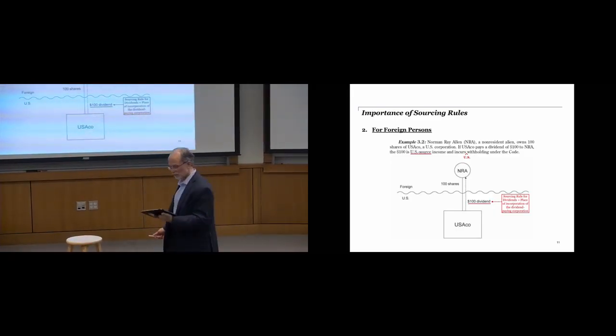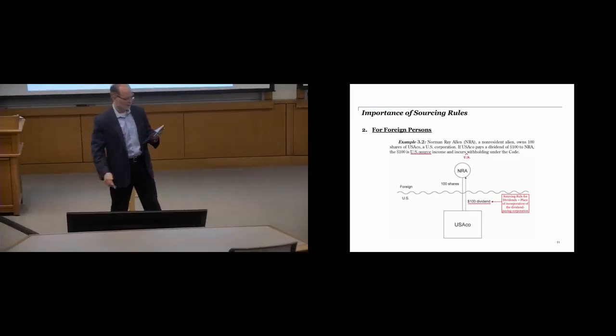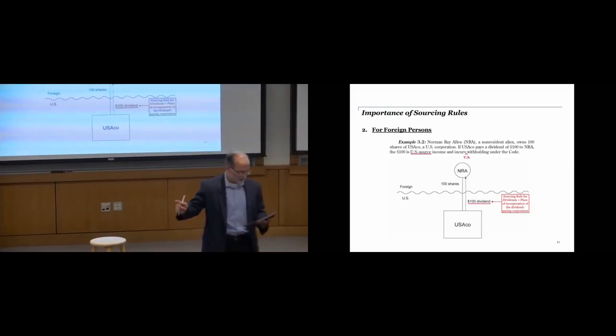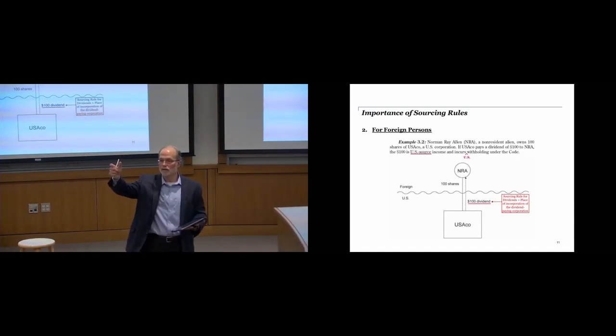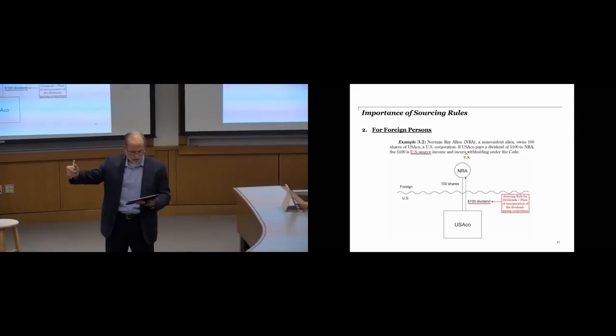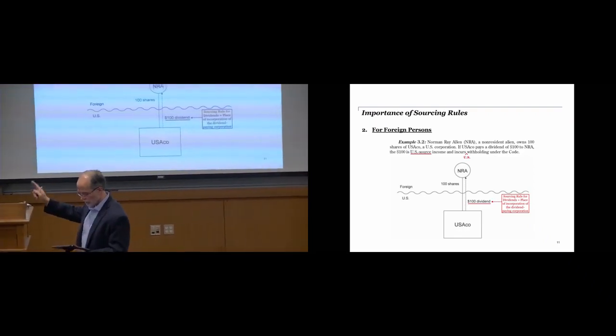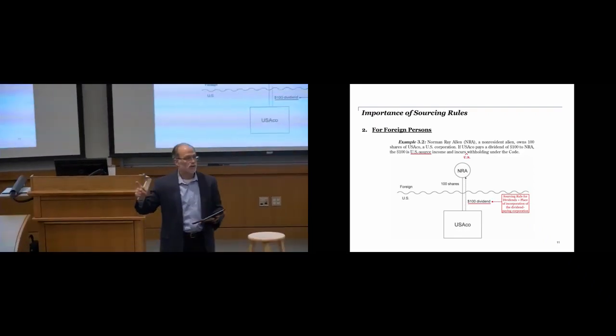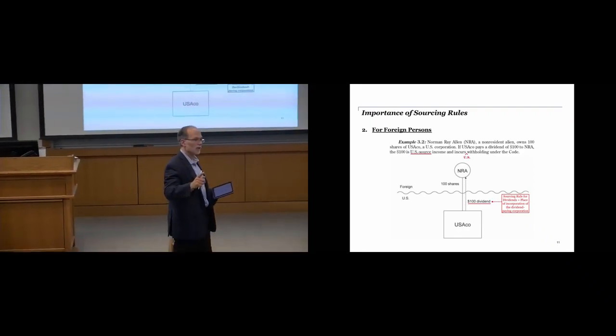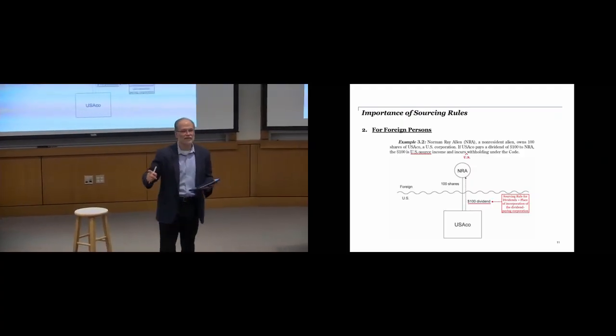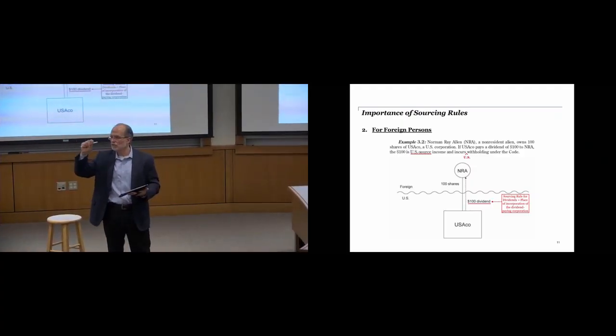Still cold. Okay. So in this instance, we're doing the second paradigm of how we tax foreign persons. And so Norman Ray Allen, a non-resident alien individual, owns 100 shares of USACO, a U.S. corporation. So they're passively investing in the United States. They themselves are not doing the business. They just own stock of a company doing the business.